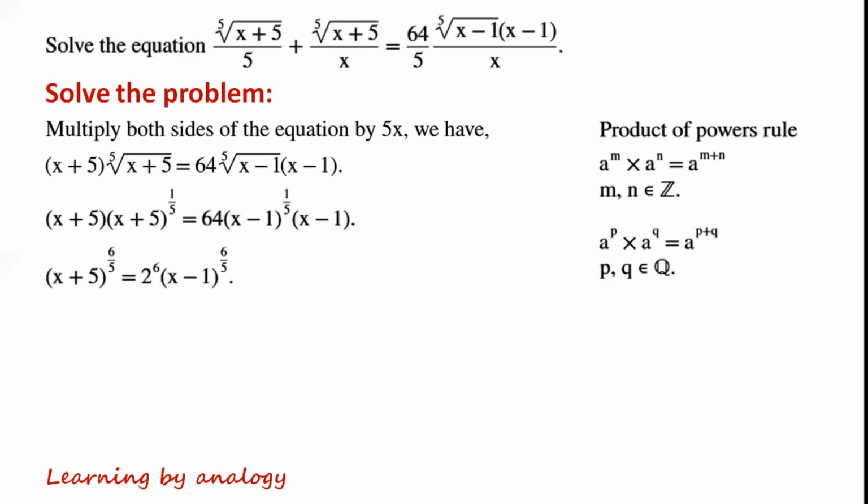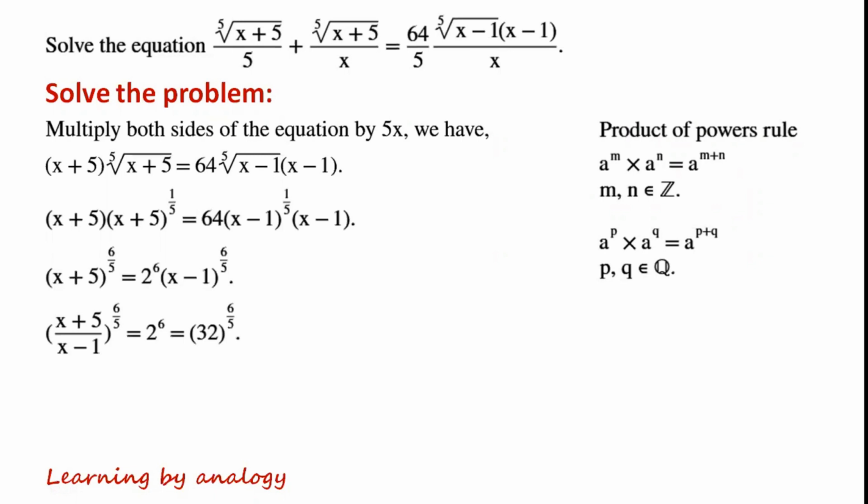We have x plus 5 all to the power of 6 over 5 equals 2 to the power of 6 times x minus 1 all to the power of 6 over 5.